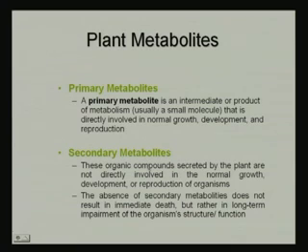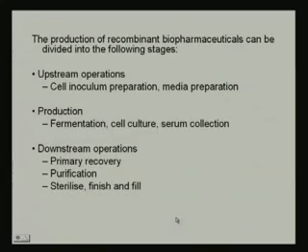Whereas secondary metabolites are organic compounds secreted by the plant that are not directly involved in the normal growth, development and reproduction of the organism. The absence of a secondary metabolite does not result in immediate death, but rather in a long-term impairment of the organism's structure and function.